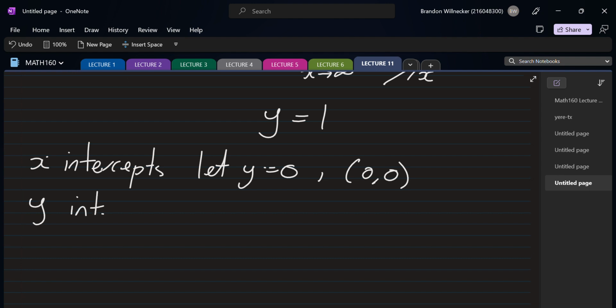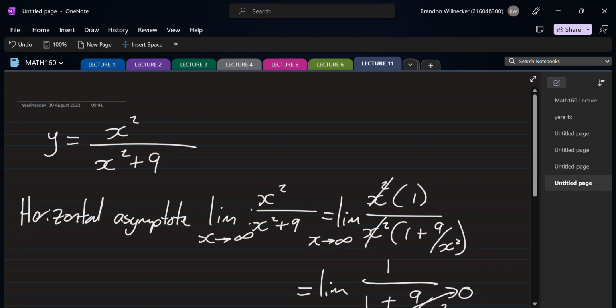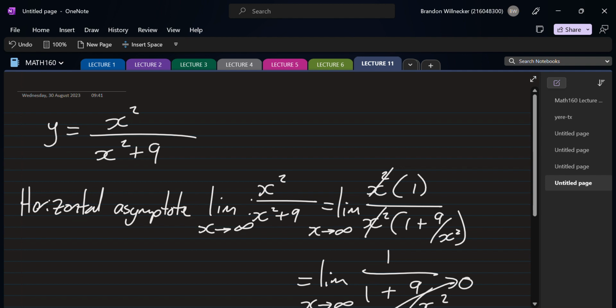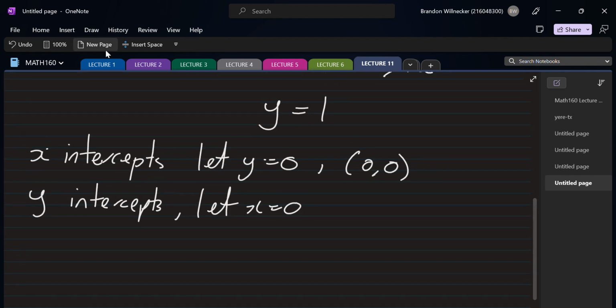Okay, what about the y-intercepts? Here we let x be 0. If we let x be 0, we get 0 over 9, that's 0, so y is also 0. So the x-intercept is the same as the y-intercept, and we have that at the origin.